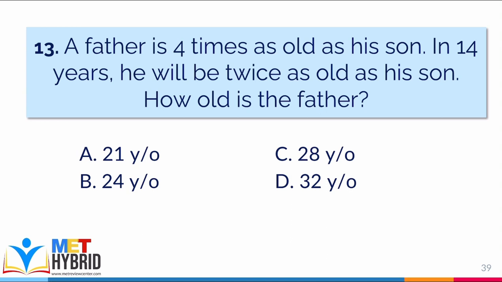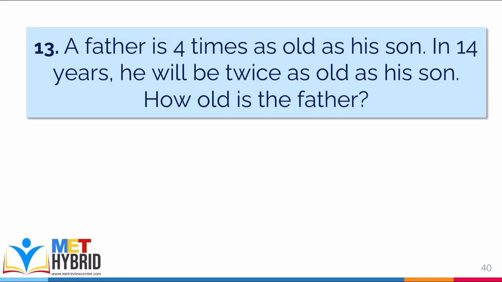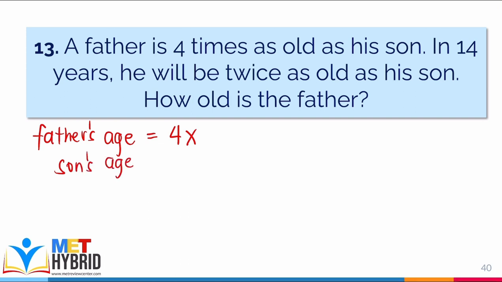A father is 4 times as old as his son. In 14 years, he will be twice as old as his son. How old is the father? We represent the ages of the 2 this way. Father's age is 4 times as old as his son, so it's 4x, while the son's age is x.